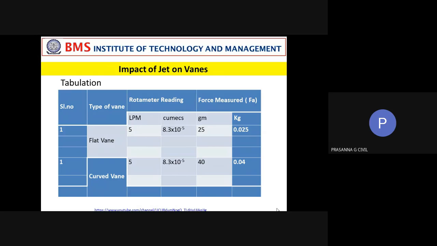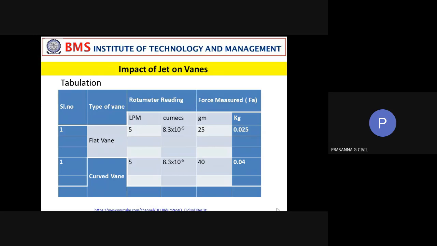And the impact of this discharge from the nozzle onto the flat vane, the actual force was measured as 25 grams, converted into kilograms as 0.025.